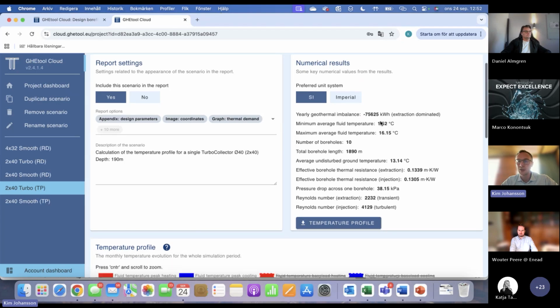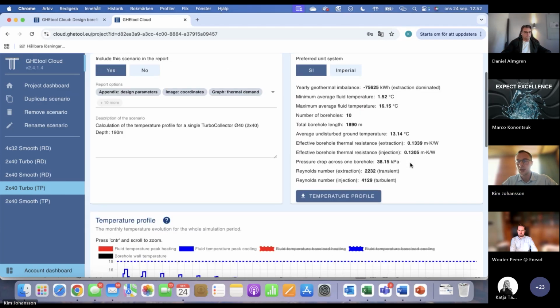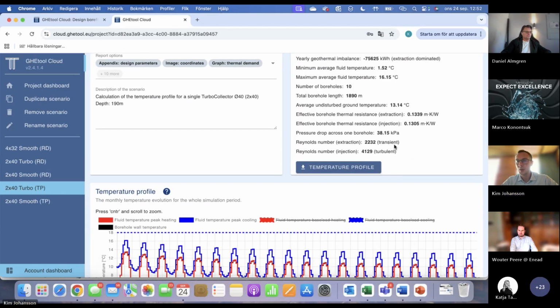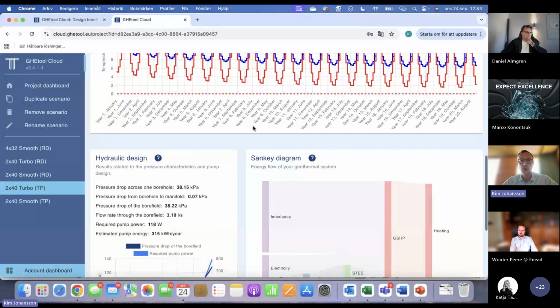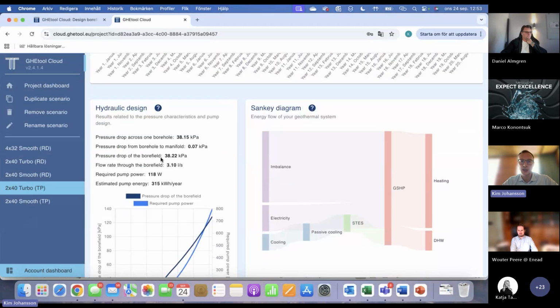So basically, we have a temperature difference of 2 degrees here that will improve the system. And we could also see that this has to do with, of course, that in this Reynolds number, we again have a transient flow rate, which improves the heat transfer. And again, the pressure drop is really reasonable with 32.2 kilopascal.